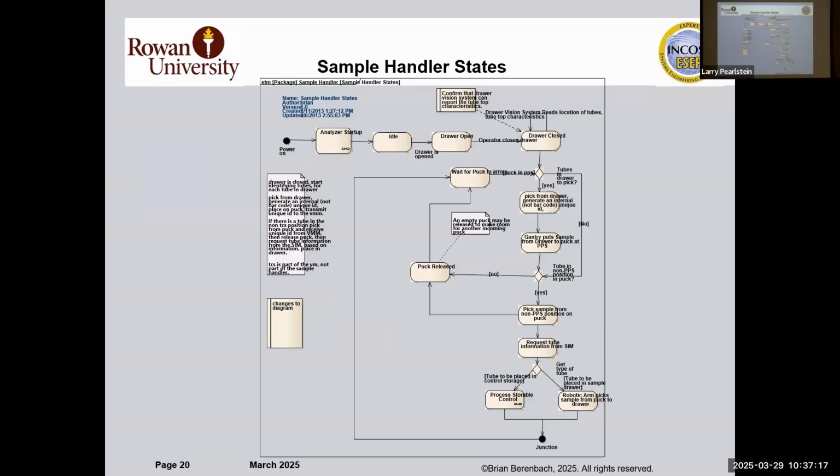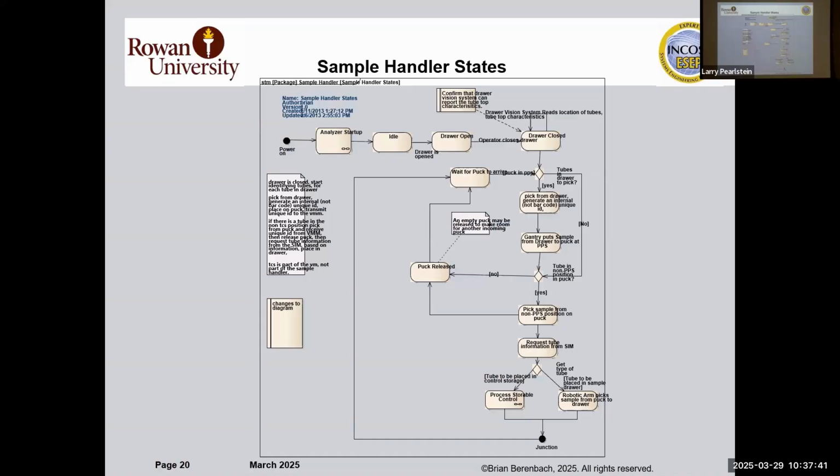Okay. Here are the various, this is a state diagram. Now, usually you see state diagrams as ovals, right? For those of you who've worked with state diagrams, they're ovals, but here they're rectangles with rounded corners. So you have analyzer startup.